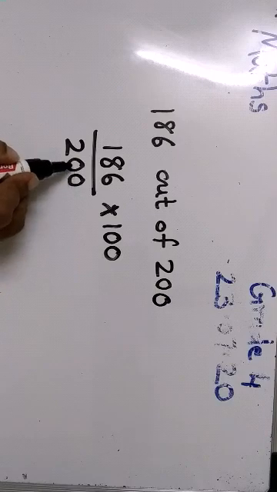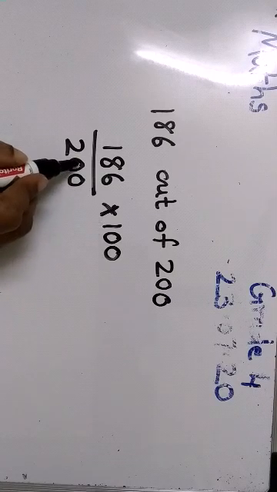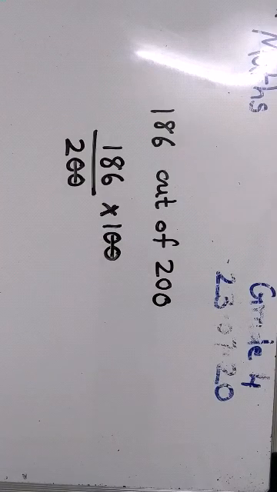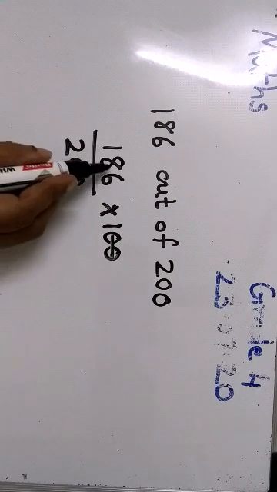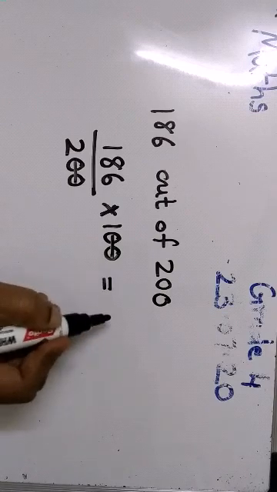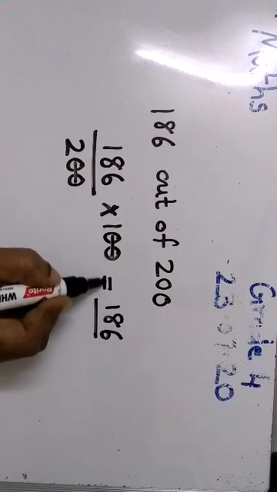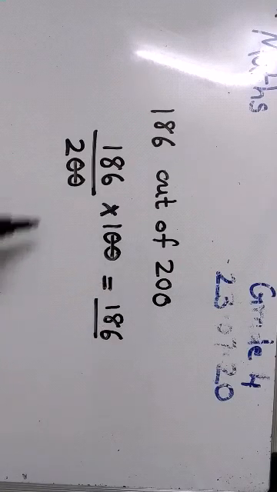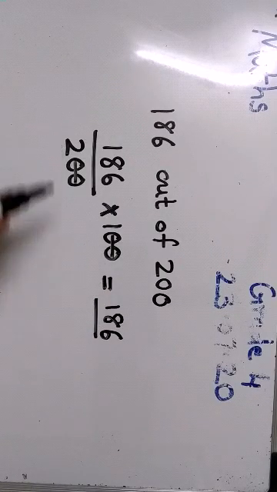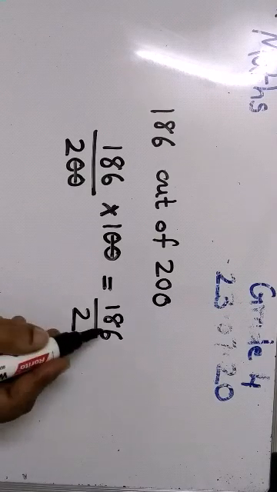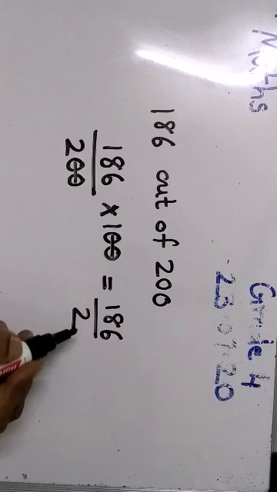Now children, this is very simple. Here you cancel 2 zeros, here also you will cancel 2 zeros, right? So now 186 into 1, that is 186 only. Any number multiplied by 1 will give you the same number. And here what is remaining, children? 2.